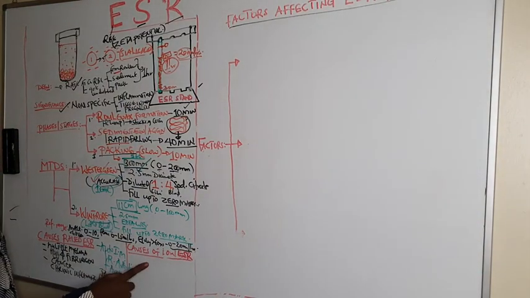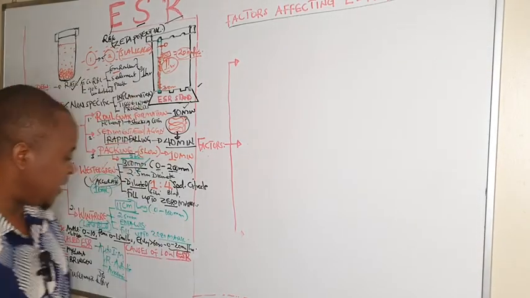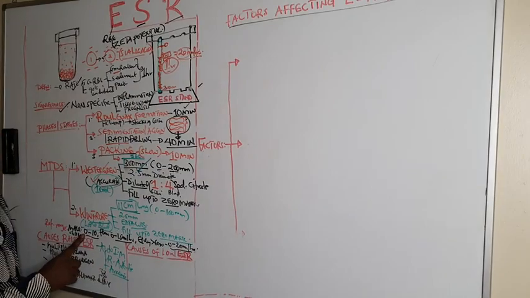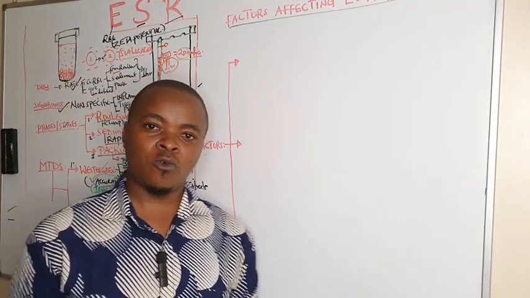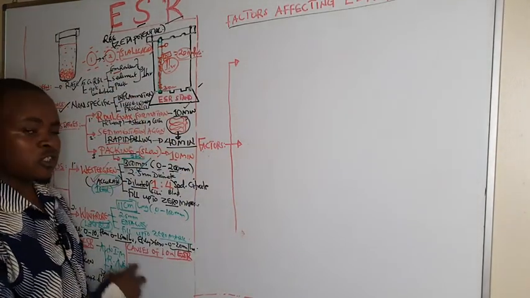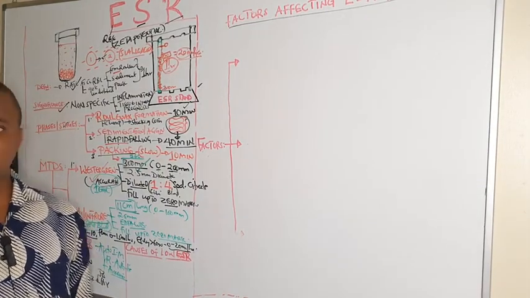Then what could be the cause of low ESR? You can ask yourself, we are saying the reference range begins from 0, but why do we say causes of low ESR? Why we are saying low is that it was supposed to be high, but due to certain factors, it is low.